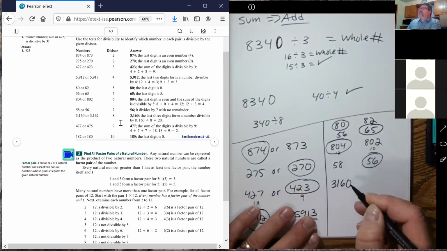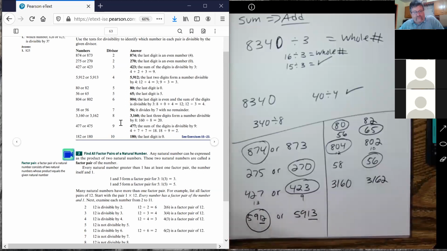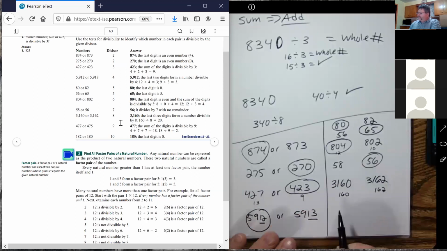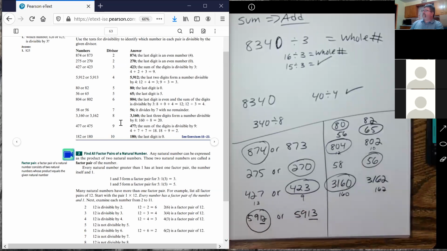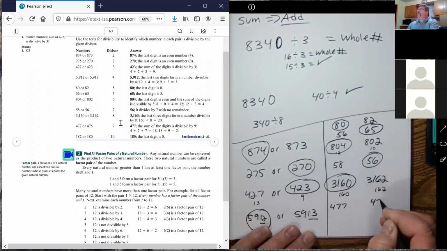3160 or 3162, and we're trying to divide by 8. Well, the rule for 8 was if the last 3 digits form a number that we can divide by 8. So either a 160 or a 162. Well, if you think about it, 160 and 8, because 8 times 2 is 16, so 160 is going to divide by 8. 162 won't. So it'll be 3160. All right, 477 or 475.